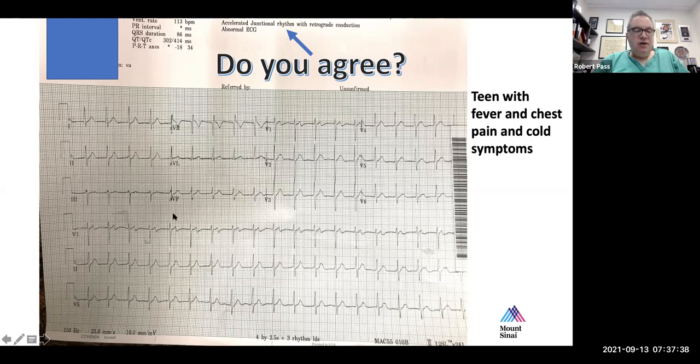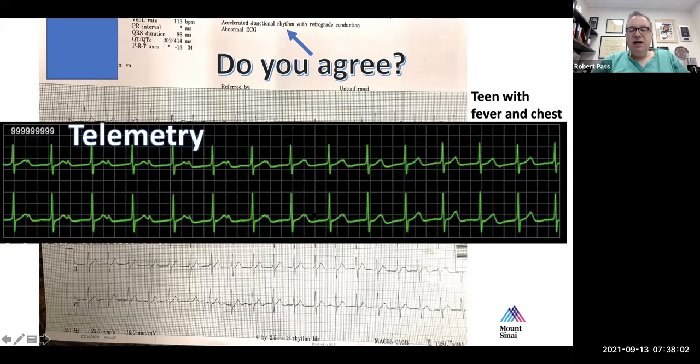When this patient was being evaluated at an outside hospital, the question that was posed to us was, should the patient be transferred to our pediatric floor? And the answer is yes, because this tracing is distinctly abnormal. Normal teenagers should not be walking around in what appears to be a junctional rhythm, but what we really learned from telemetry is it was not a junctional rhythm.